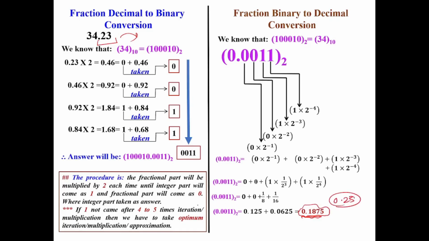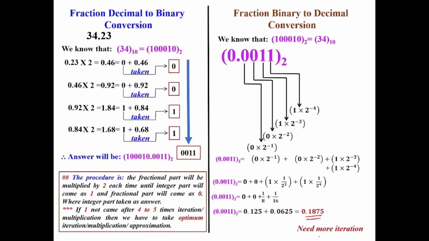So we have to again multiply with 2, that is, do the approximation or iteration again. Here I wrote the word iteration, meaning again multiplication by 2. Here we multiplied for 4 steps, 1 2 3 4. Now we go on from here.